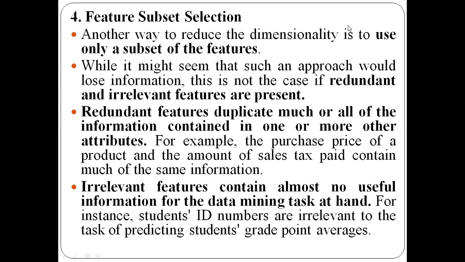Now coming to the fourth pre-processing technique, it is feature subset selection. While explaining dimensionality reduction, I told you that feature subset selection is also one kind of dimensionality reduction. In dimensionality reduction, we reduce the number of attributes or dimensions present in the data so that we can run our data mining algorithm or perform our analysis in an effective way.